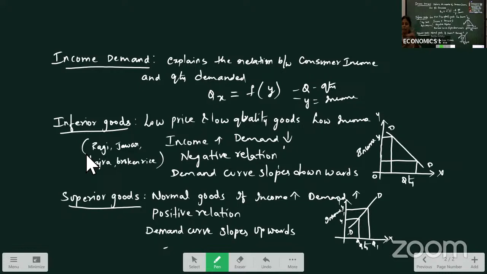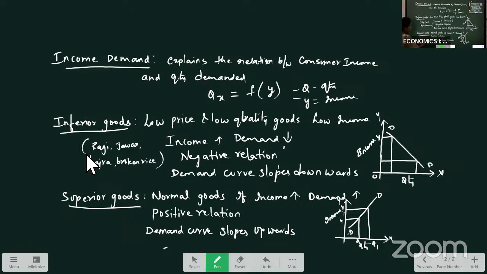What is an inferior good to you may not be an inferior good to another person. We don't feel that inferior goods will be the same for everyone. It depends on the income level. For high income people, some may not be considered inferior. That differs from person to person. But in general, we consider these as inferior goods.